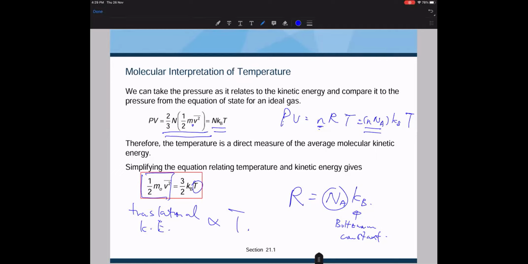So the only energy they possess should be the translational kinetic energy. And that is why we mentioned that the internal energy is proportional to the temperature, because there are no other forms of internal energy for the ideal gas apart from the kinetic energy.